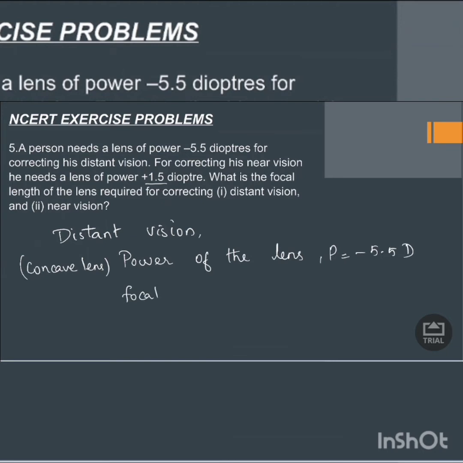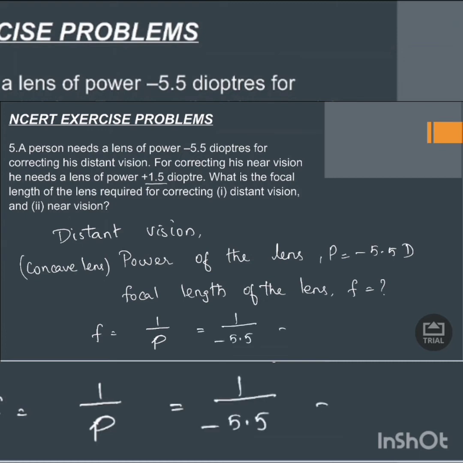So the focal length of such a lens will be f is equal to what? F will be calculated as 1 by P, which is equal to 1 by minus 5.5 diopters, which is equal to minus 0.181 meters. So a lens of focal length minus 0.181 meter should be used to correct his distant vision.